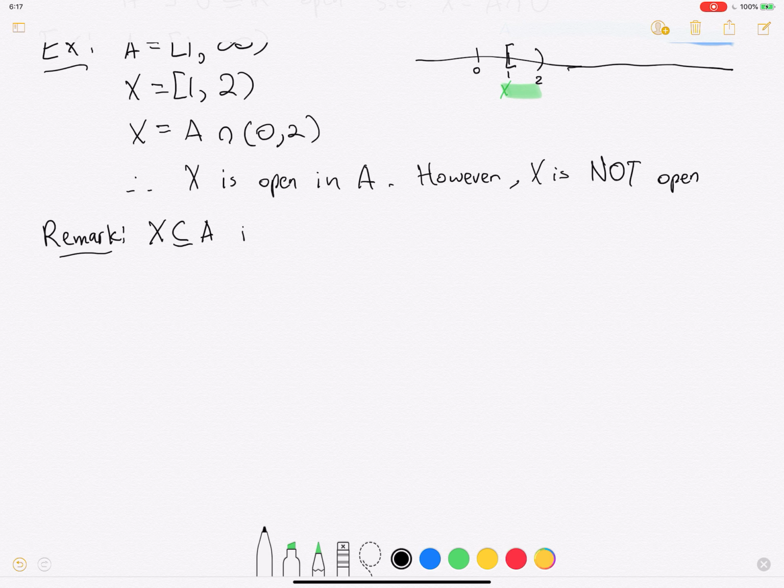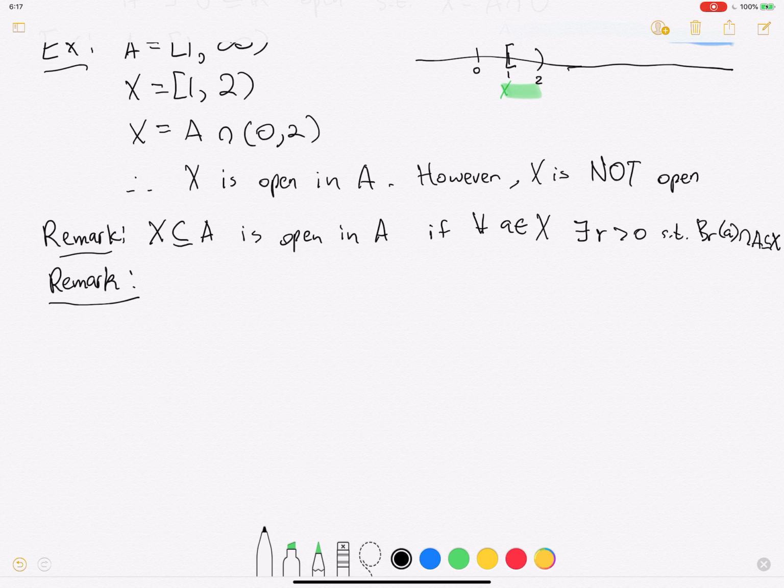X, a subset of A, is open in A if for all a in X there exists an r greater than 0 such that you can make an open ball, intersect that with A, and it's fully contained in X. Also, X in A is open in A, and if A is open itself, so X is equal to U intersect A, U being open, this is the intersection of two open sets.